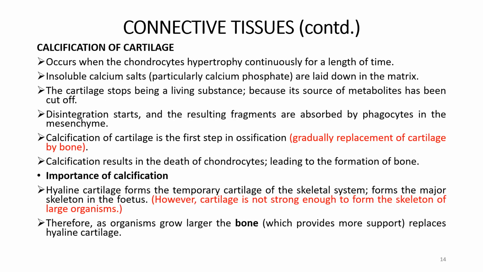Calcification of cartilage. This is very important, in the sense that it opens the way for formation of bone. This occurs when the chondrocytes, those cartilaginous cells, increase in size for a length of time, and afterward some insoluble calcium salts are laid down in the matrix.